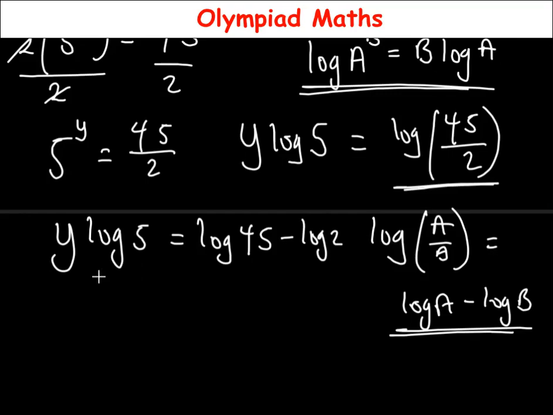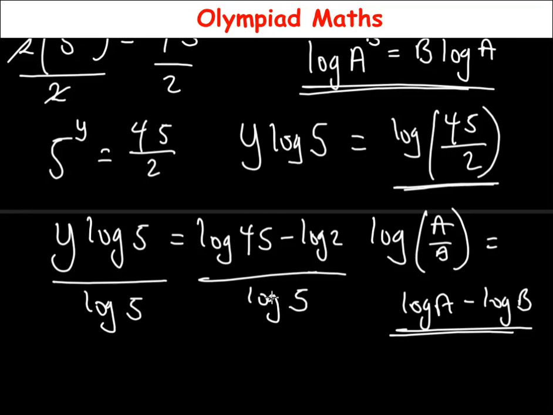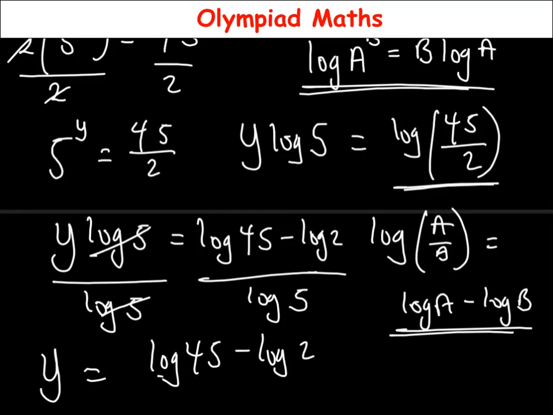Okay, so with this, to then solve for y, divide both sides by log 5, so over log 5, such that log 5 cancel out log 5, the value of y is equal to log 45 minus log 2 all over log 5.